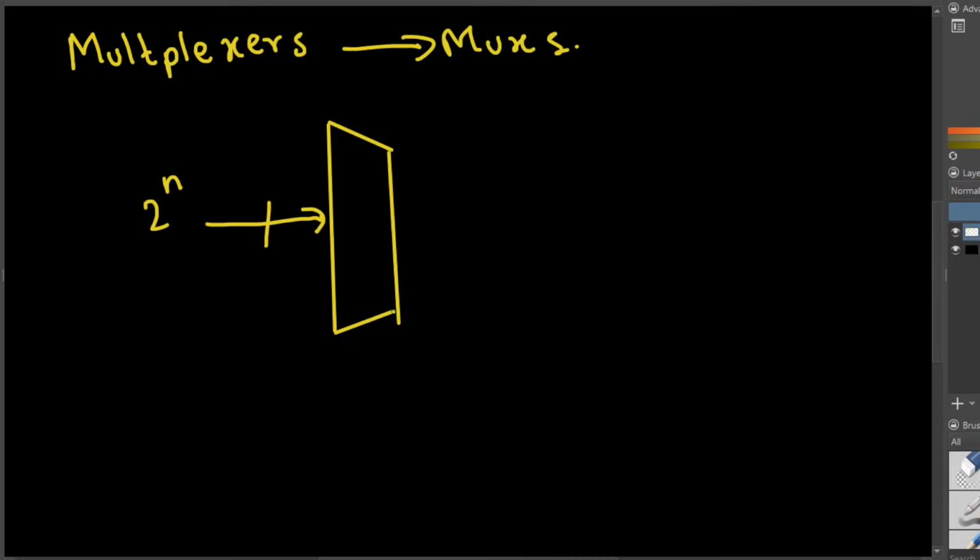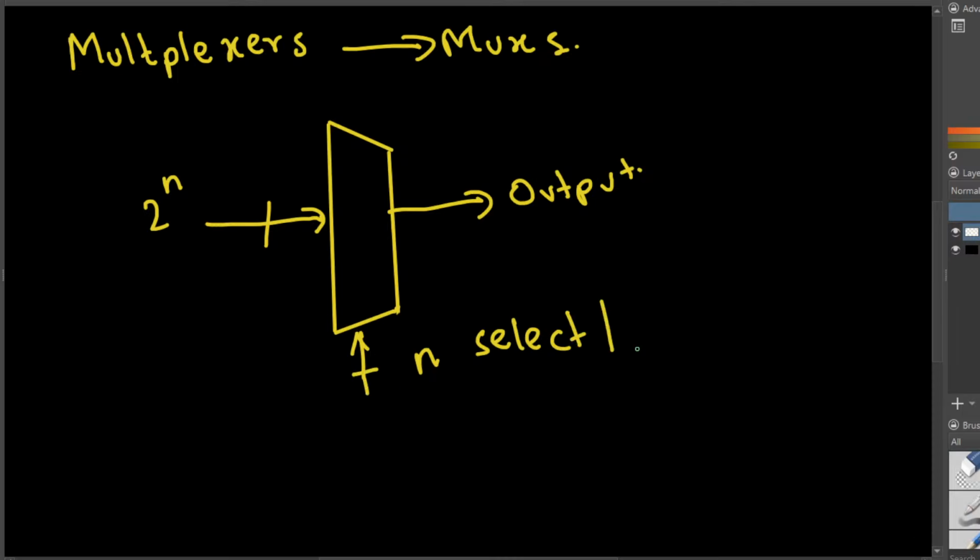So 2 power values, and the output is always 1. And here it will be connected with the select or control. Okay, so this is how multiplexers look like.